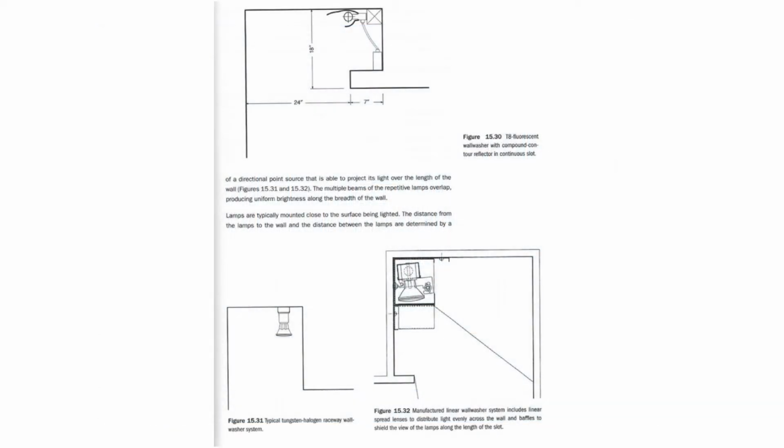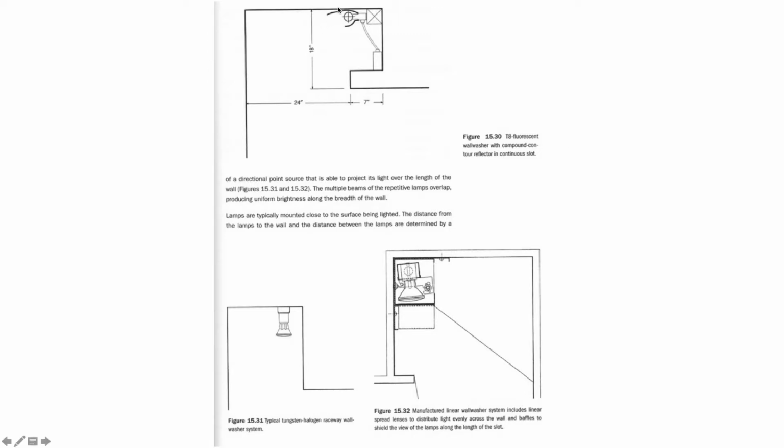Now, the way a lot of these work, there are a million different kinds of technologies for a linear slot that is even and uninterrupted. Typically, these involve a linear light source like an LED ribbon or an LED tube, and in this case they're showing a double reflector.